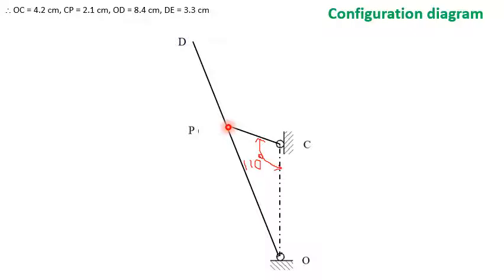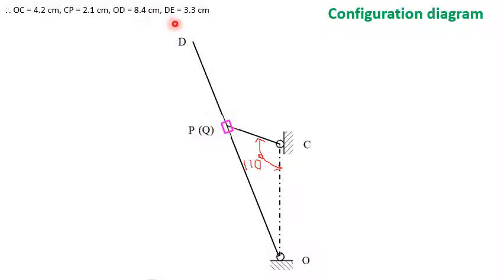So in the fourth step, in order to draw this DE, before that, we can locate this slider. This slider is common for this crank CP as well as the oscillator link OD. Right. So in this intersection, we have to locate a slider Q. Okay.